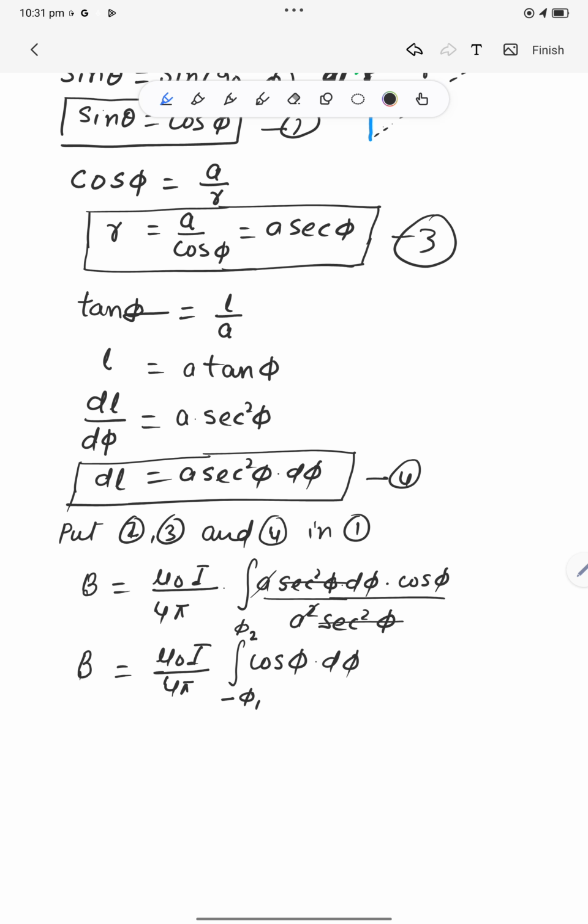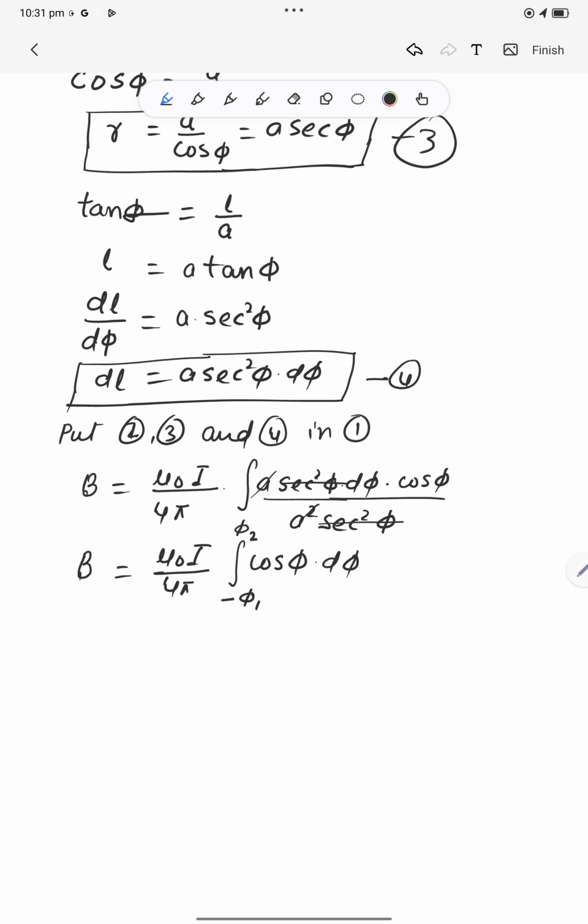Now this B will be equal to mu naught I by 4 pi a, and the integration of cos phi will be equal to sin phi, and its limit is minus phi 1 to phi 2.